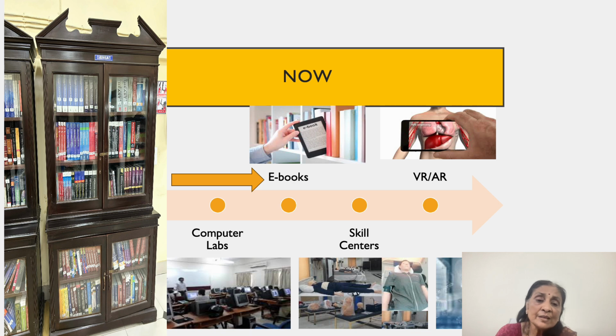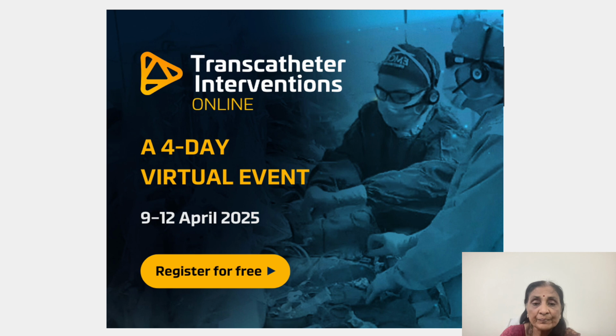And then we have libraries, some better, some more advanced, but these libraries have been replaced by ebooks in many places. There are with these ebooks computer labs, skills lab, and lab where there is augmented reality and virtual reality used for teaching.